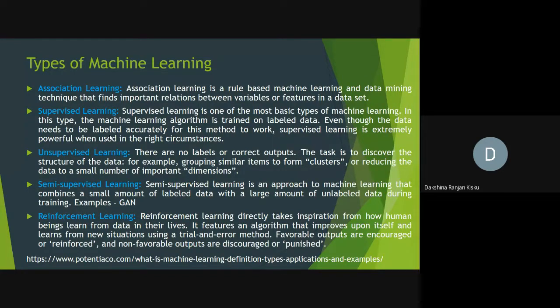In this learning algorithm, we can provide the labeled data as well as unlabeled data. In this way, the generative adversarial network may be considered a semi-supervised learning algorithm.